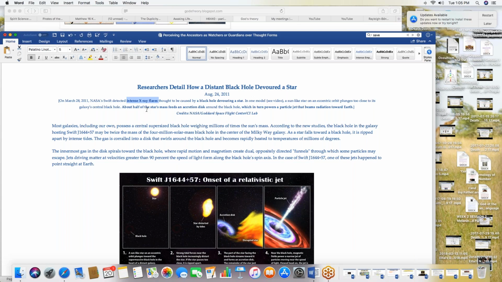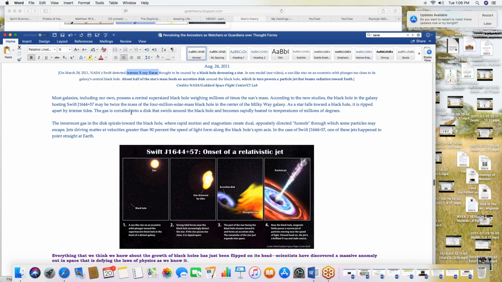So the question is, do you want to stay within the solar system and get your 1%, or get 50 times greater or more? That's a much more efficient, that's a better deal. Most galaxies, including our own, possess a central supersized black hole weighing millions of times the sun's mass.